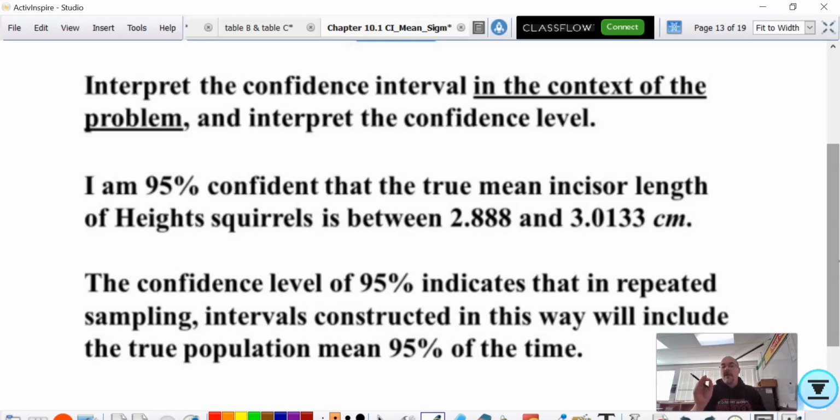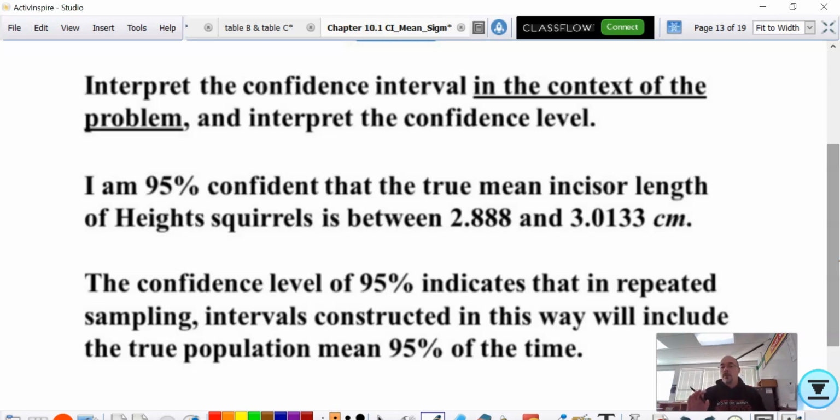I am 95% confident that the true mean incisor length of Height squirrels is between 2.88 and 3.0133 centimeters. The confidence level of 95% indicates that in repeated sampling, intervals constructed in this way will include the true population mean 95% of the time.